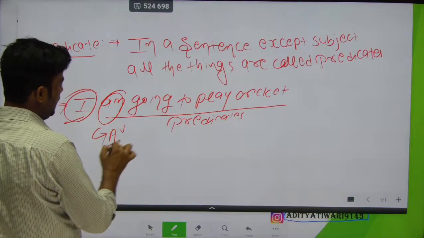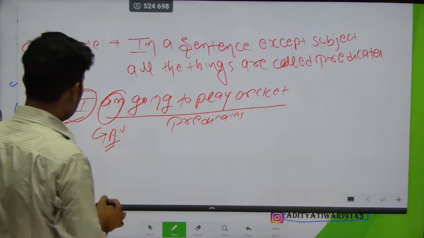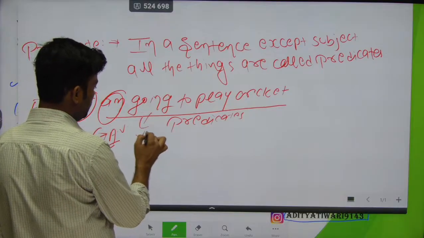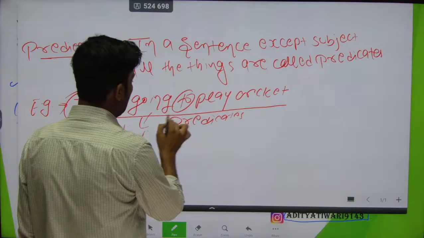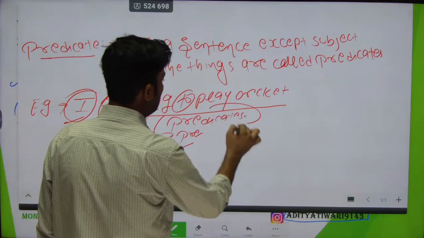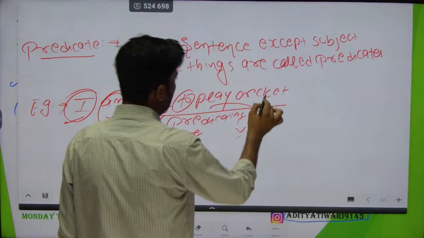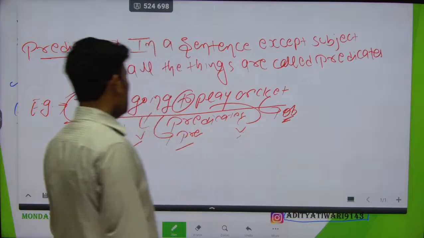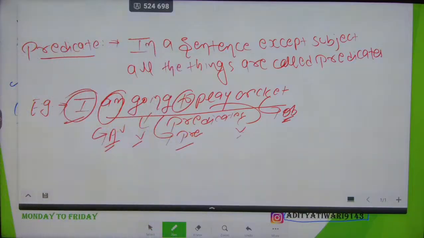Of course. "Going" is a verb, "to" is a preposition, "play" is once again a verb, and "cricket" is an object.